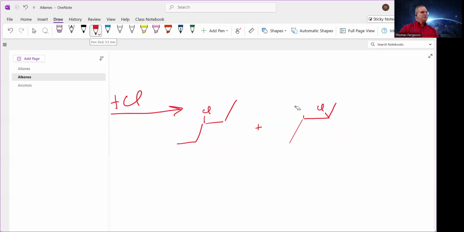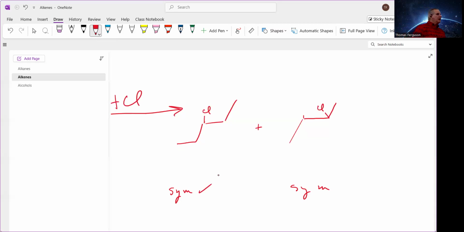Let's impose our two rules. Symmetry. Which is more symmetrical, left or right? Left. So symmetry wins there.